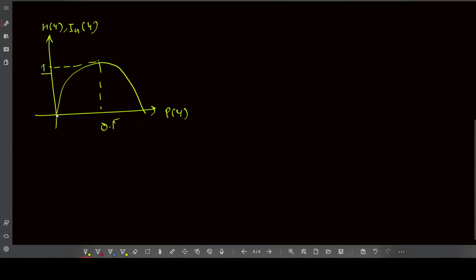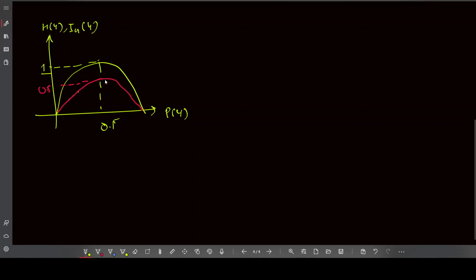But the maximum value of Gini impurity, let me just change the color, at 0.5 is not 1, it's 0.5. That's it. That's the only difference between entropy and Gini impurity, except for the formula, of course, is that the graph of Gini impurity with entropy is half of it.